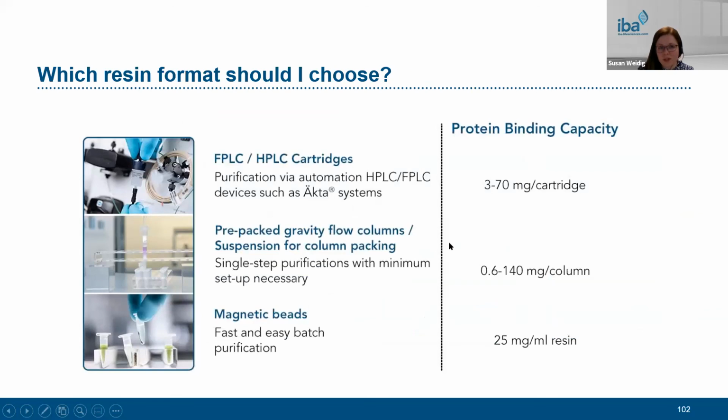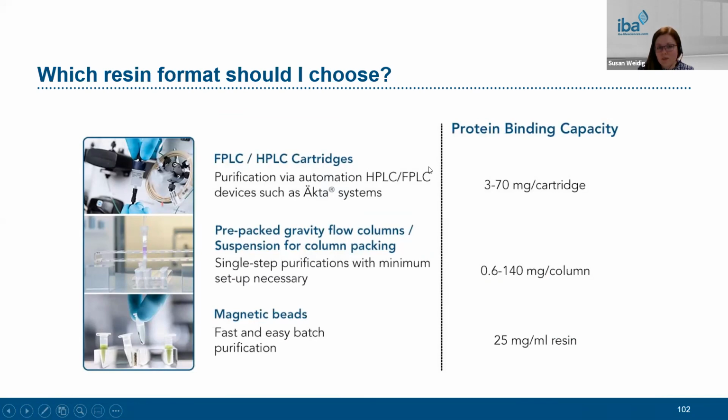And now we come to the last question of this webinar. Which resin format should I choose? It is possible to take magnetic beads, pre-packed gravity columns, or HPLC or FPLC cartridges.